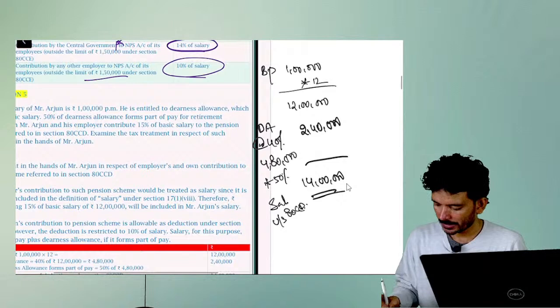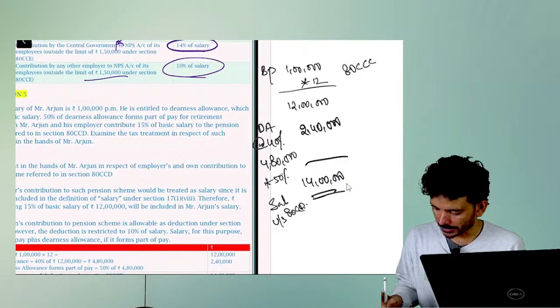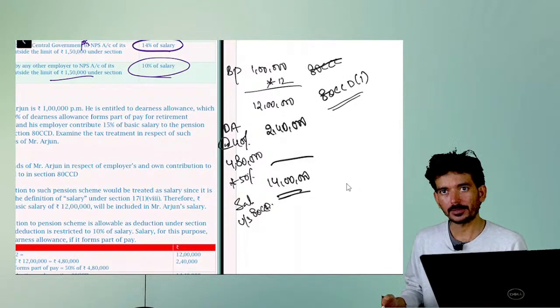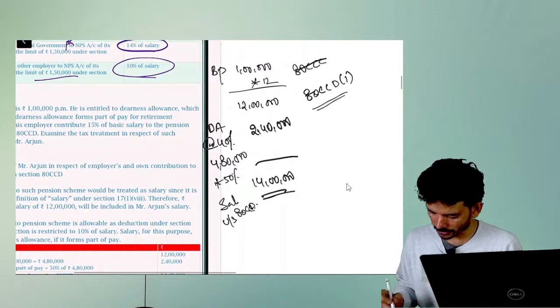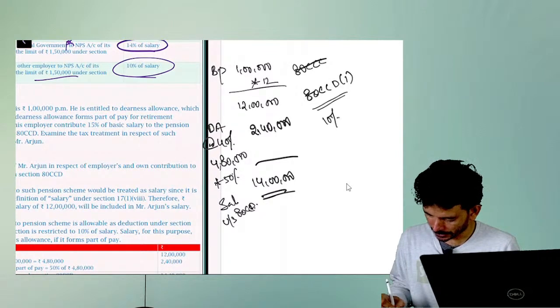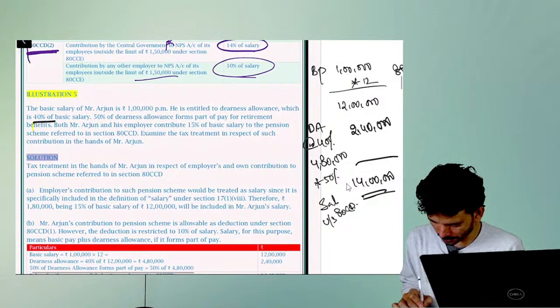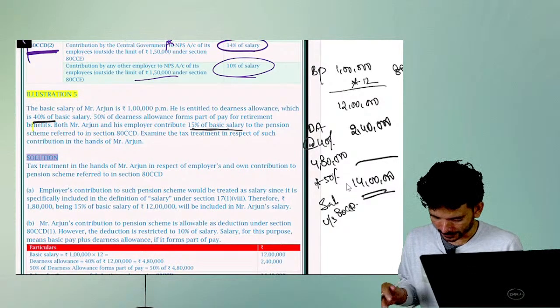So what I said, in 80CCD(1) you can claim 10% of your salary. So 10% of 14,40,000, you can claim 1,44,000. But how much is his employer contributing? 15% of the basic salary he is contributing, right?